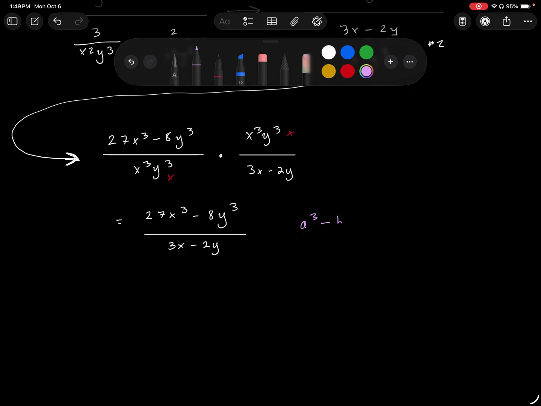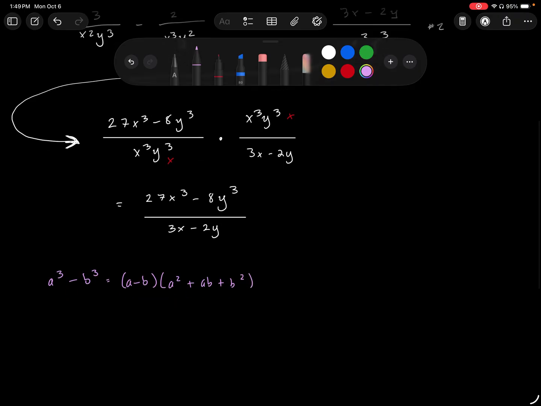A cubed minus b cubed equals a minus b, and these seem challenging to remember, but they're not that bad. So it's just pattern recognition for some of it. Right.